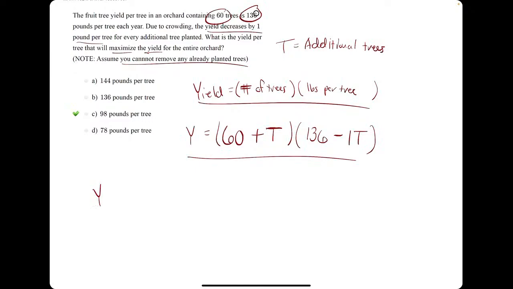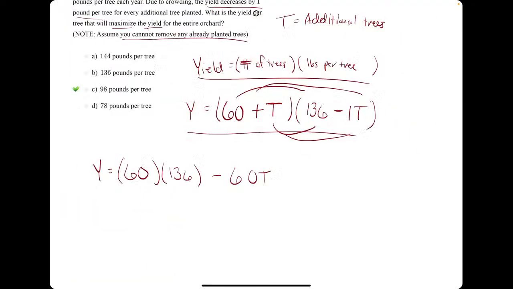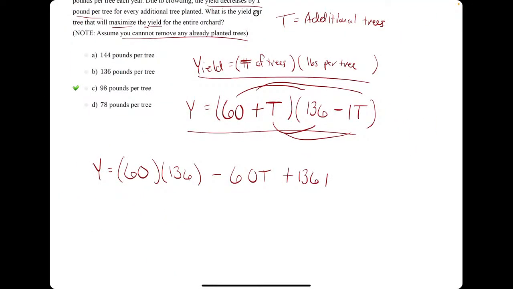All right, real quick, I want to distribute or FOIL all this stuff out. I'll leave just 60 times 136. It won't really play a role in this process. We'll distribute the 60 to the minus 1t, so that'll be minus 60t. We'll do t times 136, 136t.